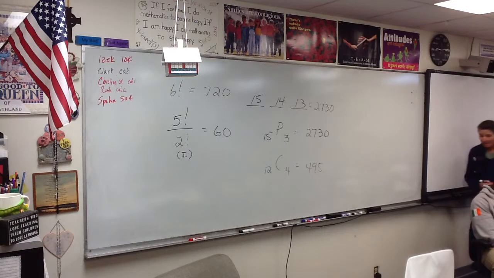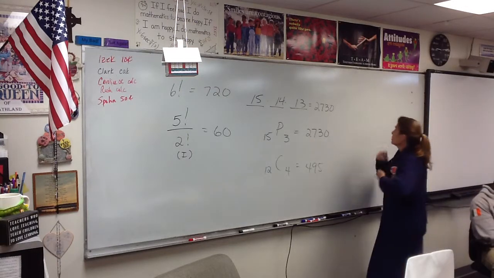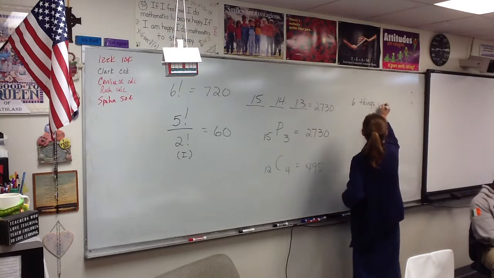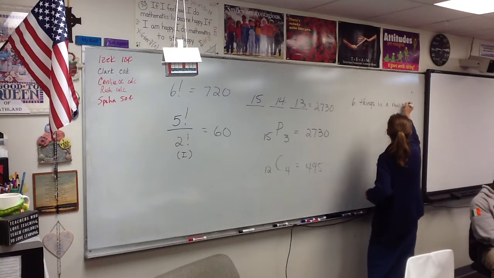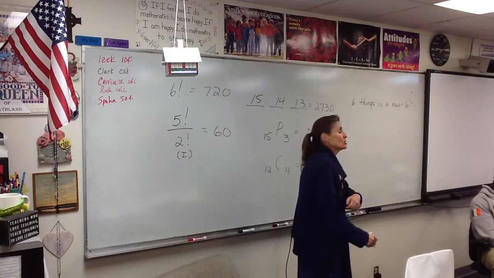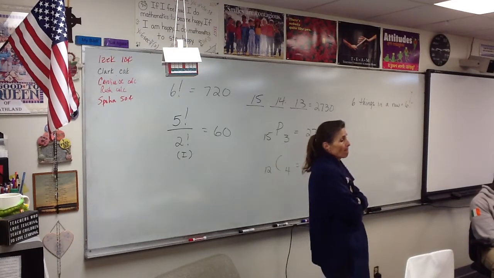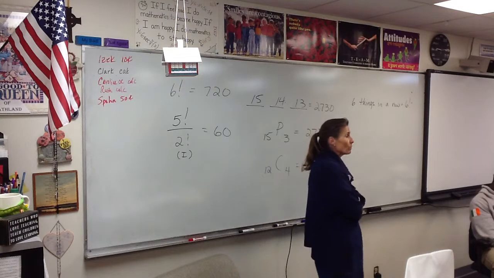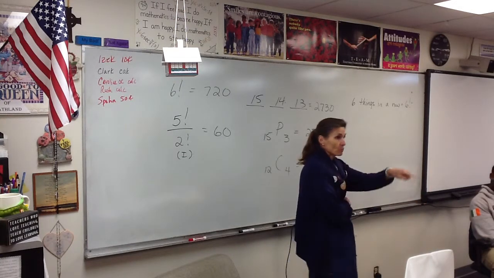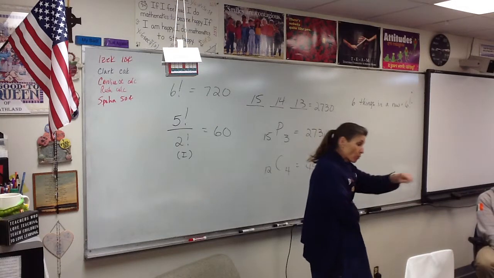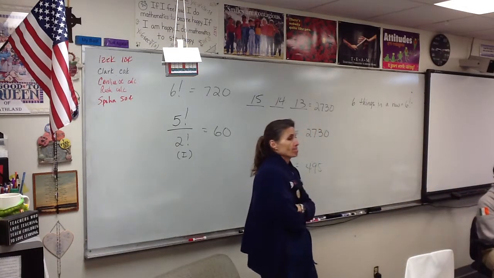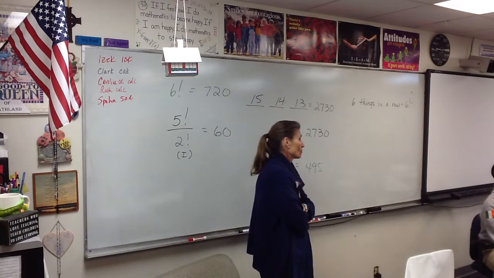We just said, if we arrange 6 things in a line, or in a row, it's 6 factorial. What if we arrange those in a circle? What if we were putting the 6 people around a dining room table or around a campfire? Any idea?